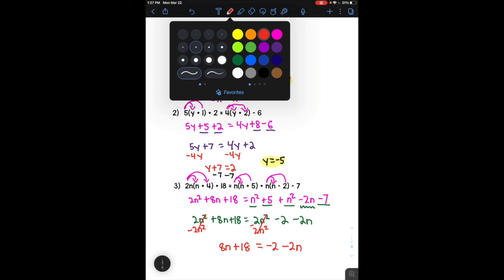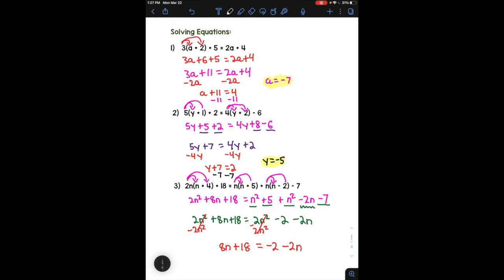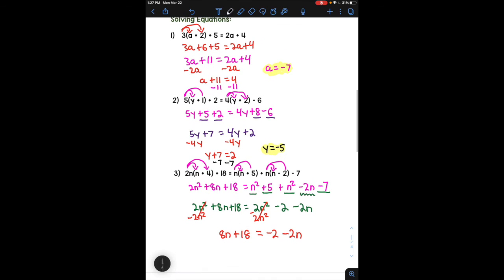This equation now becomes just like the previous ones where we have a variable on both sides. I think the easiest route to take here is to add 2n to both sides of the equation. So it is canceled out on the right, and it now only appears once in our equation, which would be 10n plus 18 equals -2.